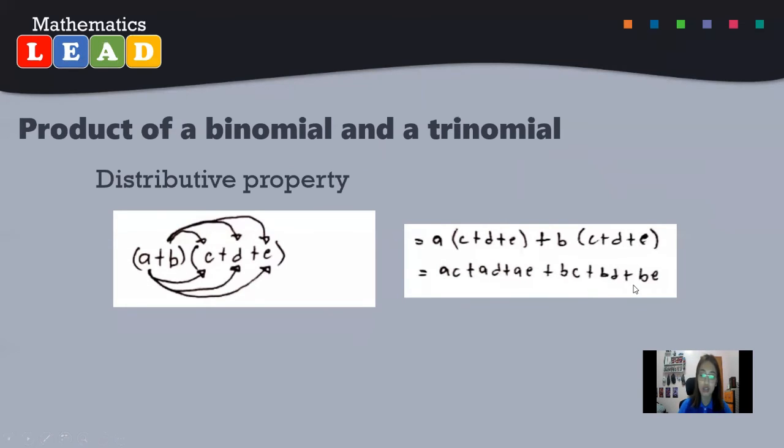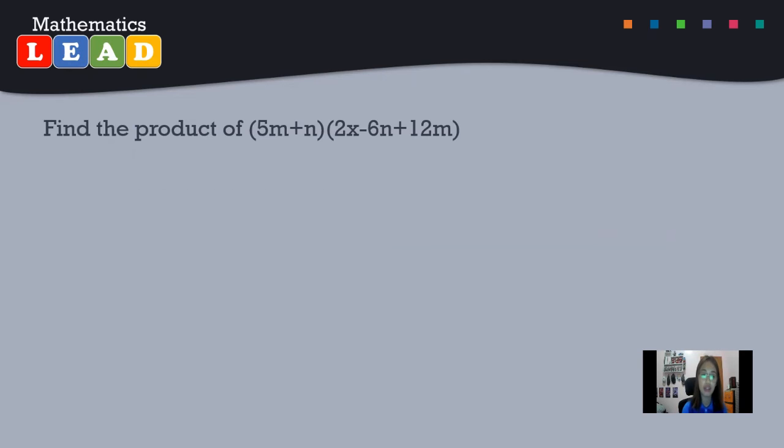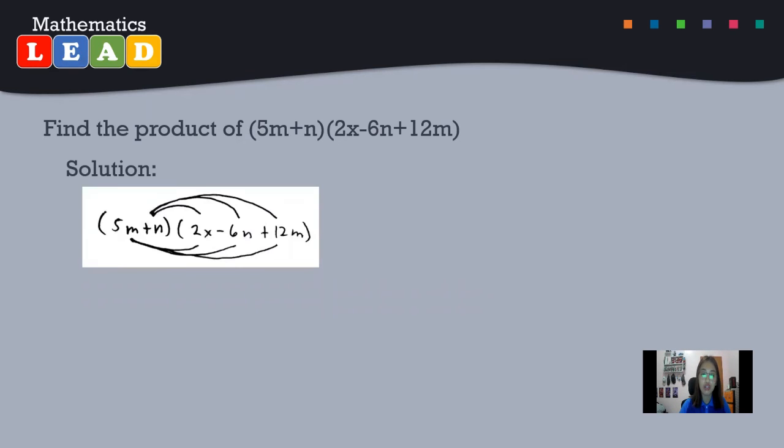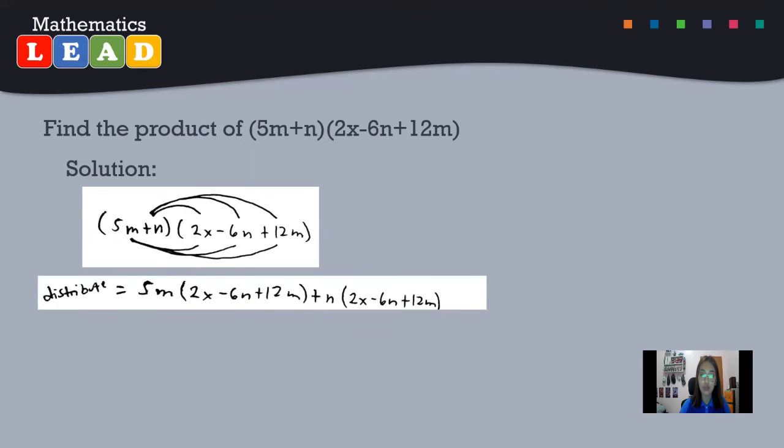Okay, that's how the distributive property works. To clearly understand how the distributive property works, let's try to answer this question. Find the product of (5m + n) times (2x - 6n + 12m). For our solution, distributing 5m to 2x minus 6n plus 12m, and then n distributing to 2x minus 6n plus 12m, we will have this.